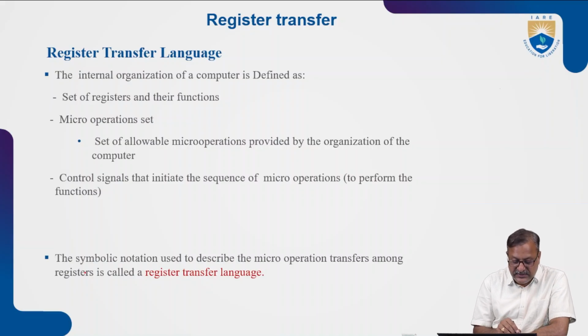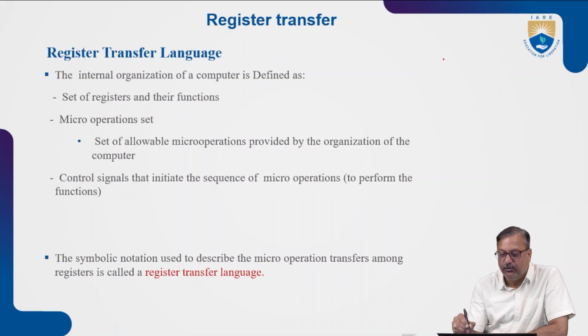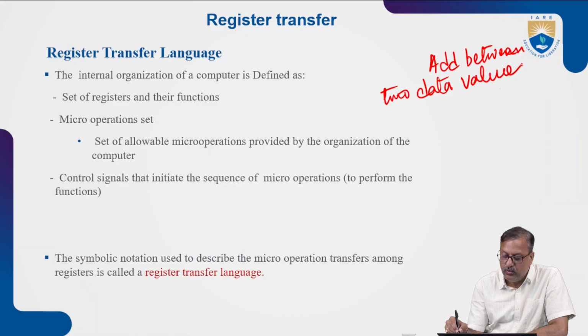Next, the symbolic notation used to describe the micro transfer among the registers is called register transfer. What is symbolic notation? Say you want to perform addition between two data values. The first data value is assumed as 08, the second data value is assumed as 09.